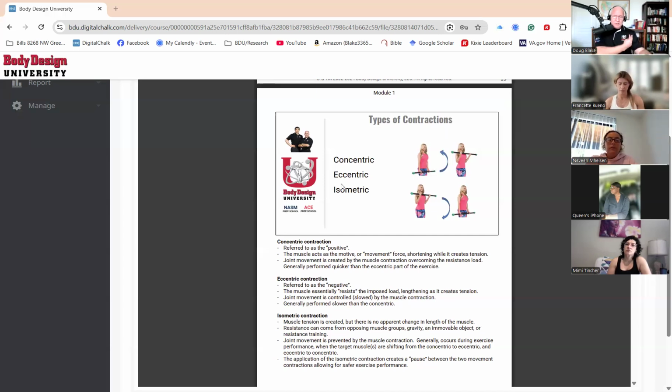Origin originates. And by the way, the origin of most muscles is generally that point of contact closer to the midline of the body. So the bicep, if I put my arm out here, the origin of the bicep is closer to the midline of my body. That's going to be these two guys here. Does that make sense?